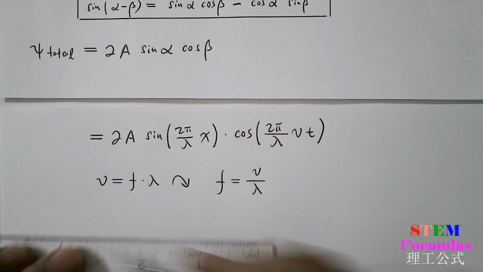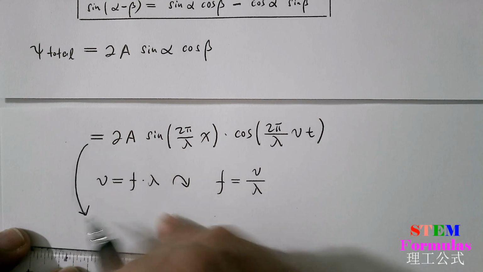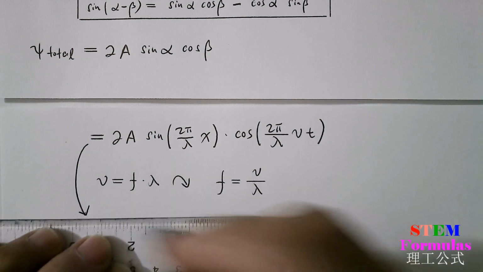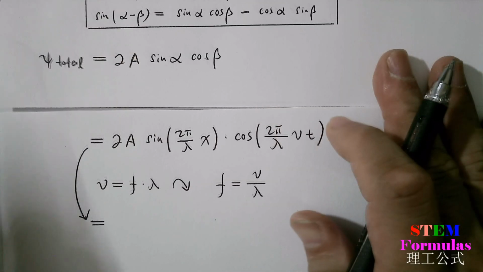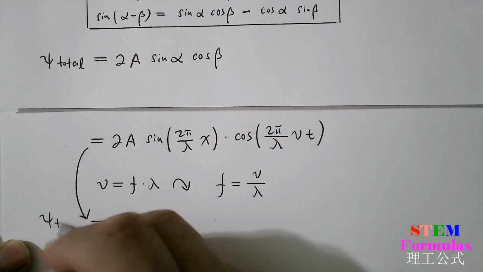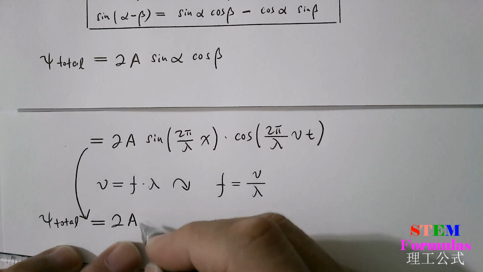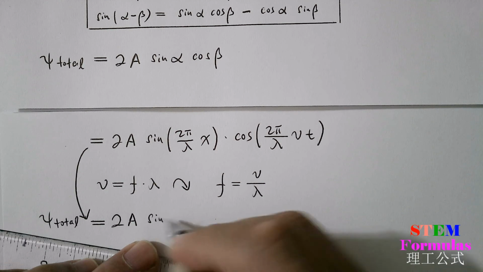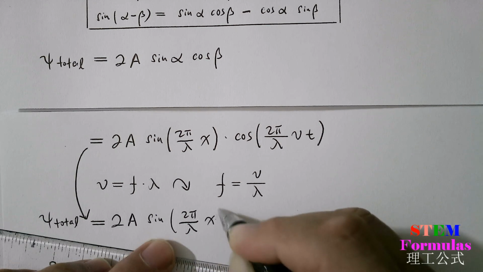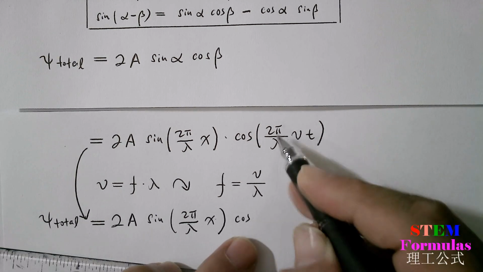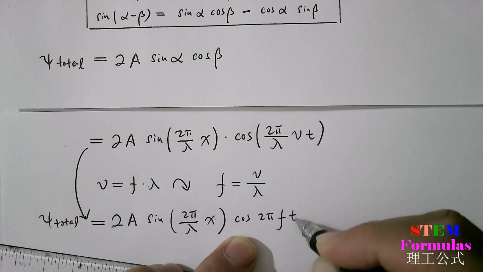So therefore I write here psi total equals 2A sine of 2 pi over lambda times x, times cosine of 2 pi f t.